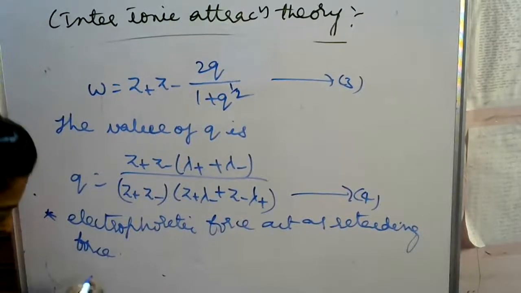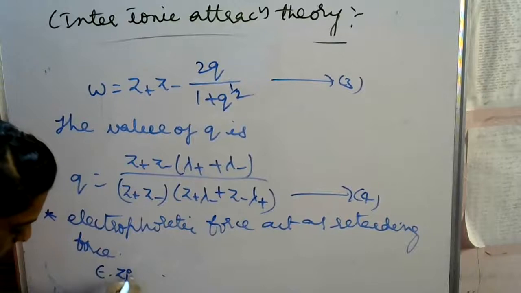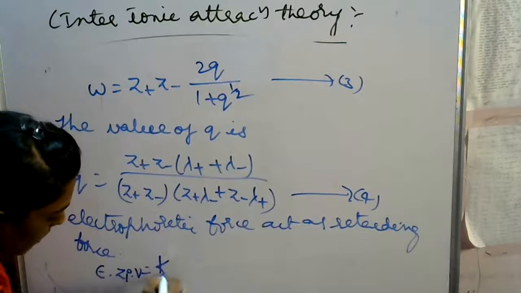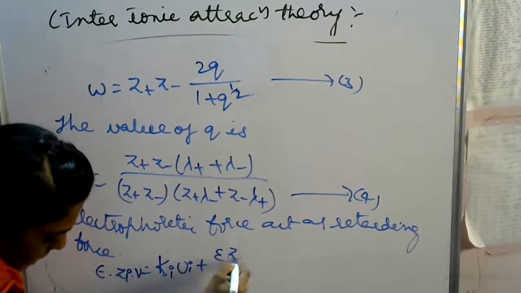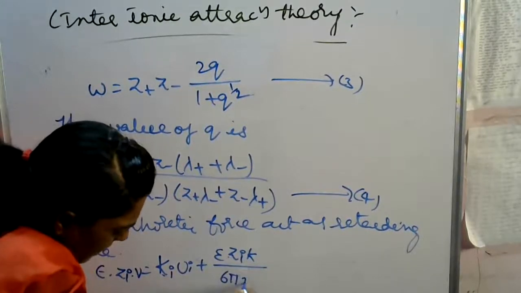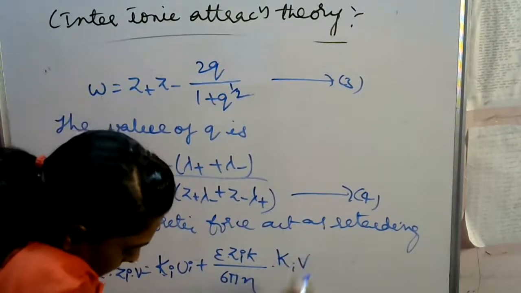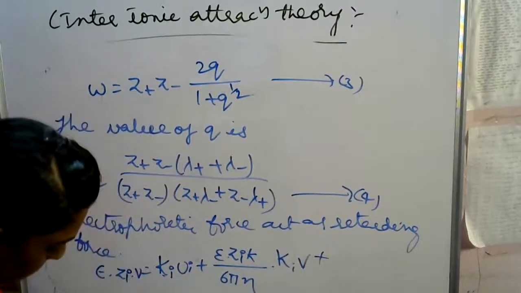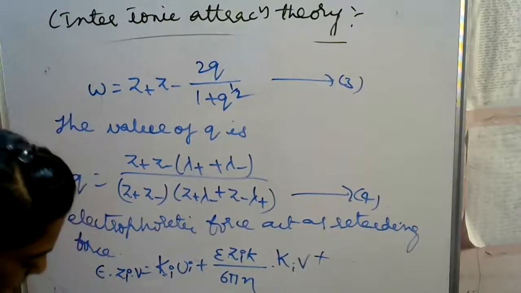Thus we have epsilon z_i V equal to k_i u_i plus epsilon z_i k by 6 pi eta into k_i V. Then the other term is the relaxation force.